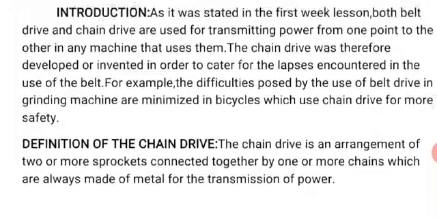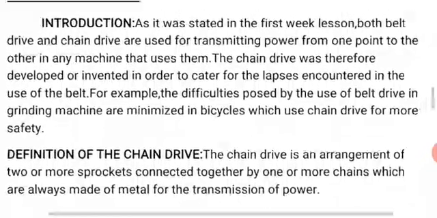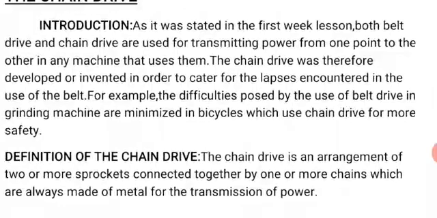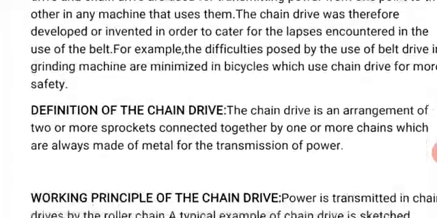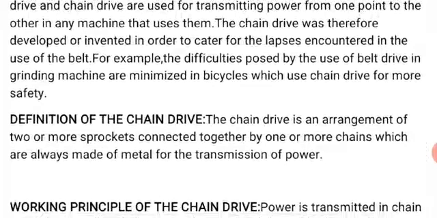But this type of difficulty is not usually experienced in the use of the chain drive, because the chain in this one is more powerful and stronger than the belt used in the belt drive. And that is why they introduced this one in bicycles in order to reduce the accidents that people may be exposed to.